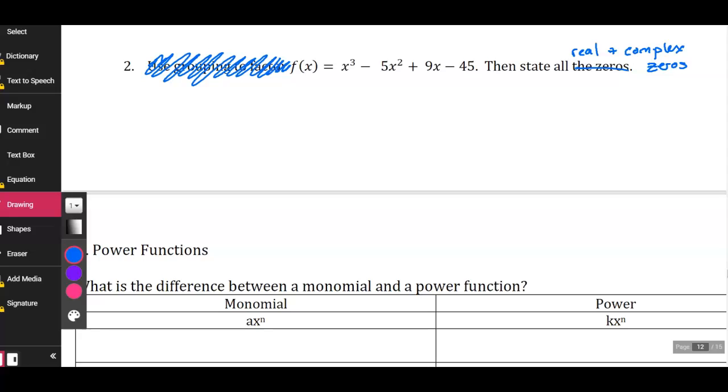How would you find the roots? So pretend you didn't see the first part. Last class, I know it was so long ago, but how did we find the roots last class?